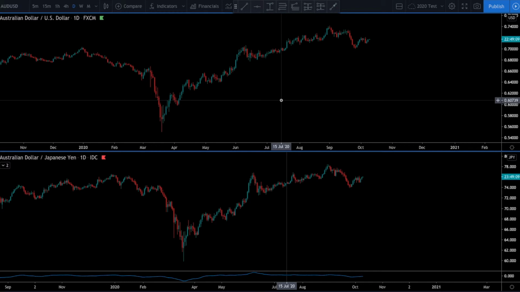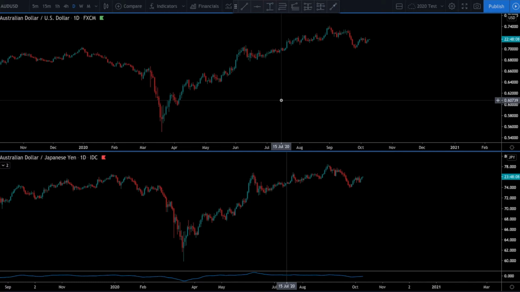They're going to move at the same time in the same direction. So when you're trading, you need to be aware of which pairs are strongly correlated, so that if you take two trades, it is essentially doubling the position size.